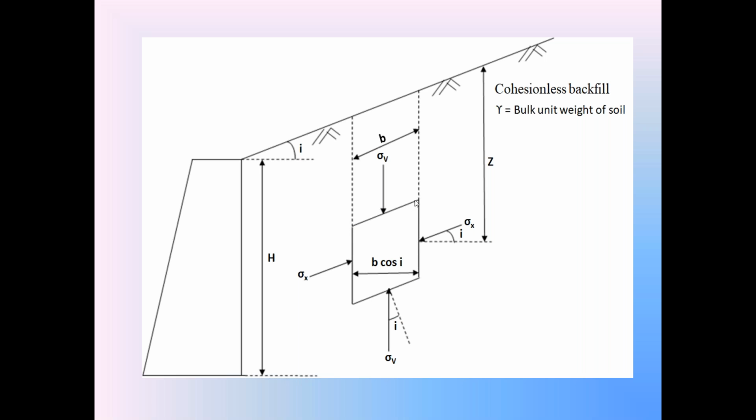So this is the element we consider in the backfill to discuss the equation of active earth pressure acting on the retaining wall. Then this soil element is subjected to vertical stress because there is a weight of the backfill above the soil element. This is that weight of the backfill. Because of this weight of the backfill, the vertical stress is acting on the soil element.